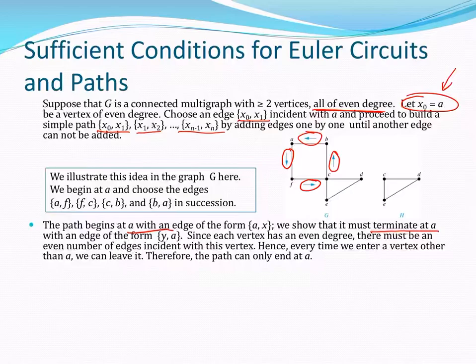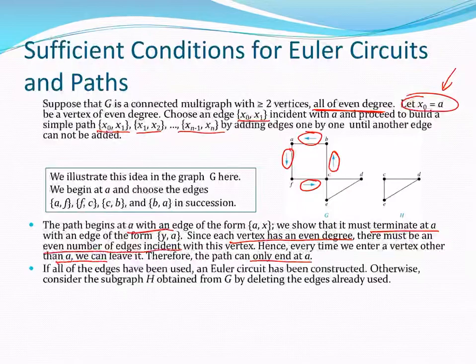And since each vertex has an even degree, there must be an even number of edges incident with that vertex. So every time we enter a vertex other than A, we can leave it, so the path can only end at A. Now, if all of the edges have been used, we've created an Euler circuit. Yay!